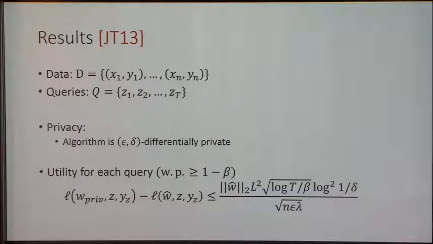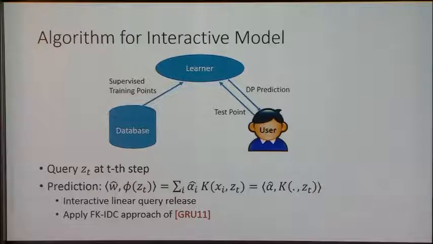So the algorithm is this algorithm by Gupta, Roth, and Ullman, which is based on this work by Moritz Hardt and Guy Rothblum. So you want your prediction w hat phi zt to be accurate. They are maintaining a database wt at each step, and the guarantee is that the database they are maintaining is differentially private.